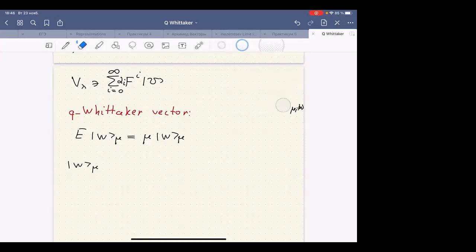Yes, mu is now a vector, a multi-index in this case.